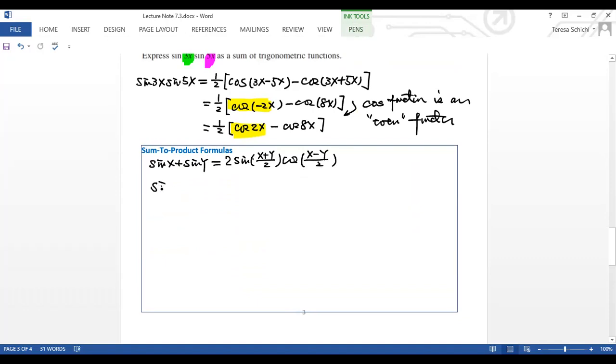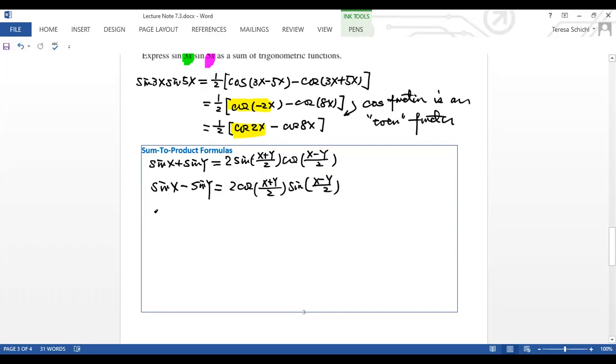Now if you have sine x minus sine y, this one will be 2 cosine of x plus y over 2, times sine of x minus y over 2.